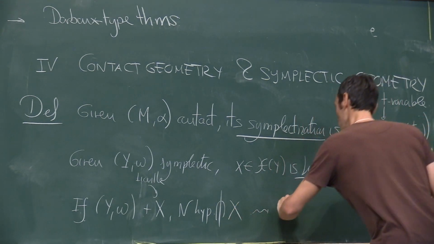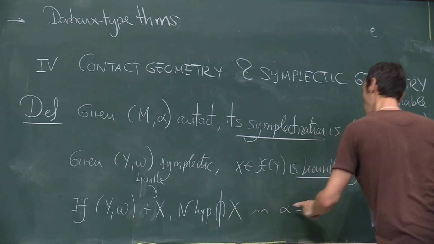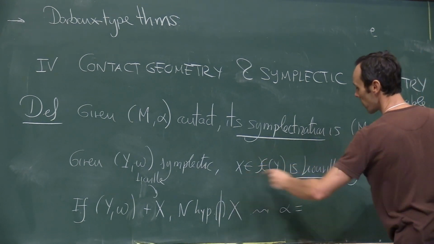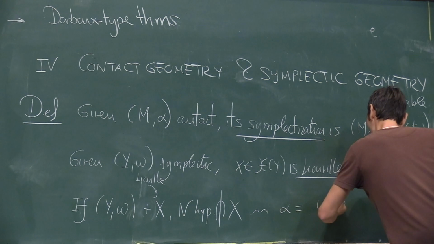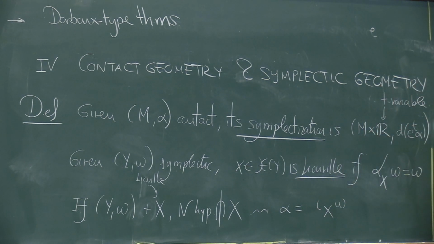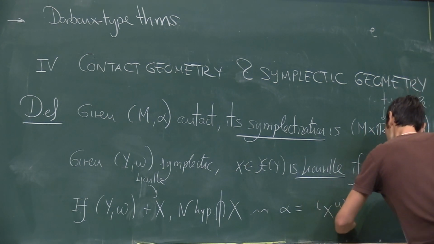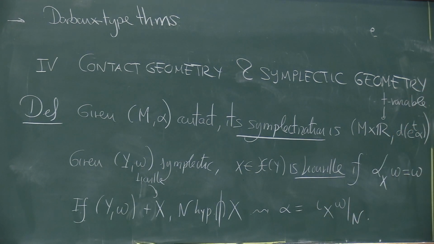You define alpha, which is going to be a contact form on N, to be the result of contracting the symplectic form omega with the Liouville vector field, and then restrict this to your hypersurface.